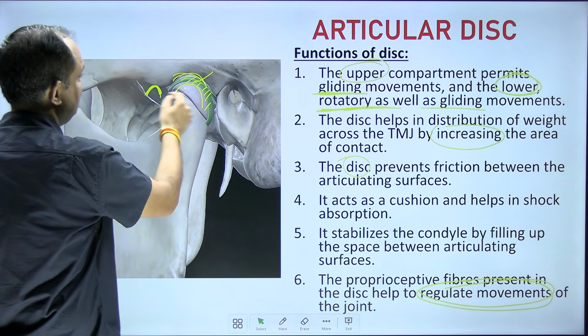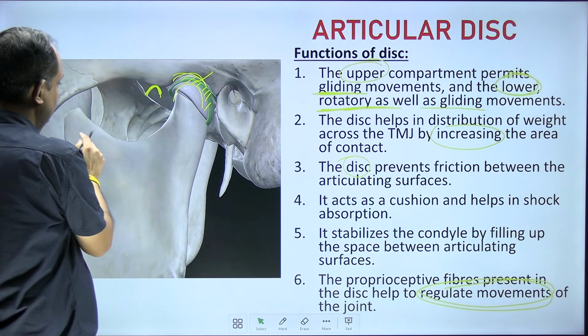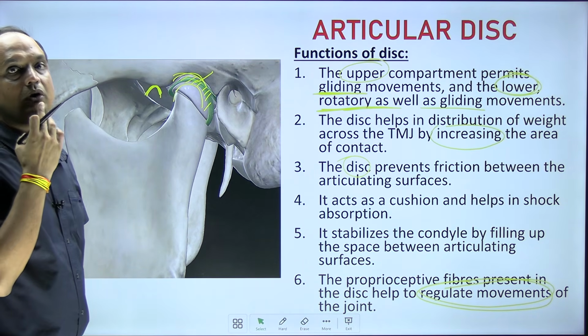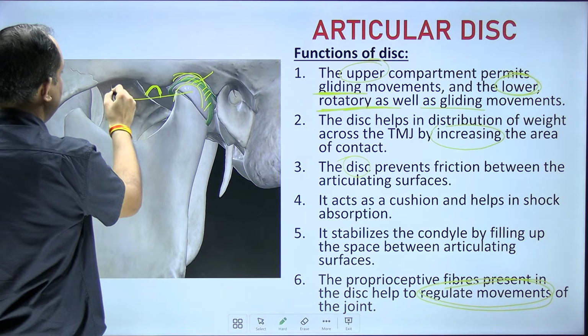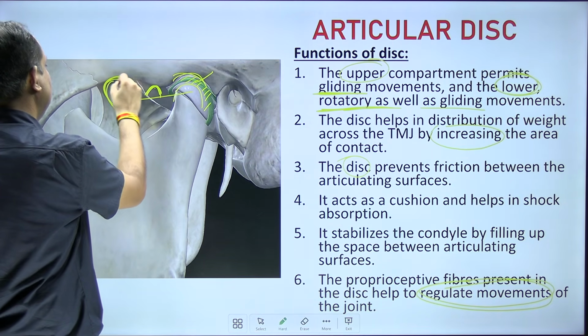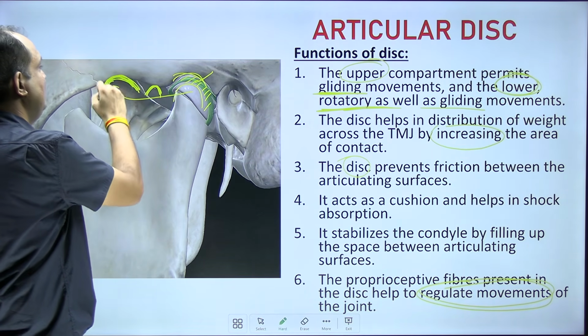Now, in this unstabilized condition of the joint, if somebody applies force on your chin, what will happen?